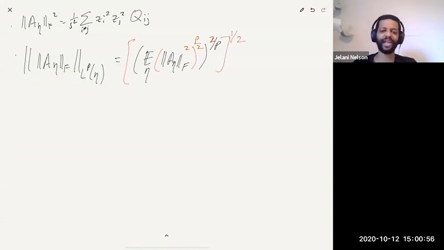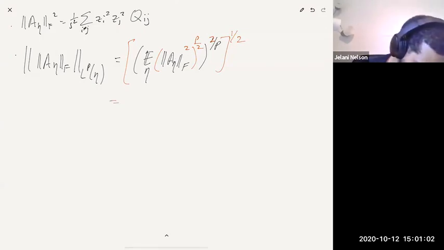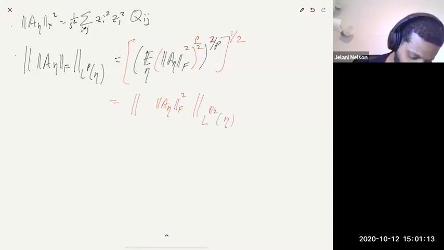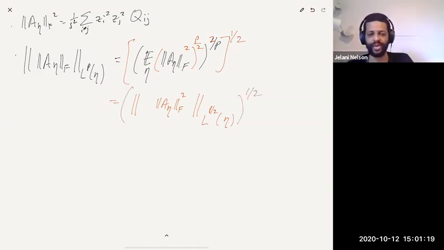So a lot of funny acrobatics here. But basically this is the same thing as the LP over 2 norm of the Frobenius norm of eta squared. So P has to be at least 2 so that this is still a norm. And then I can square root it all at the end, so I don't have to worry about the square root until the very end.